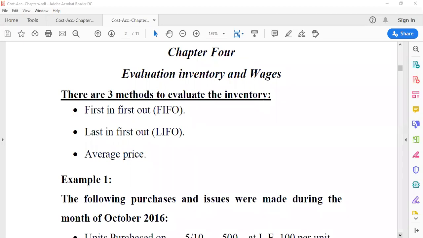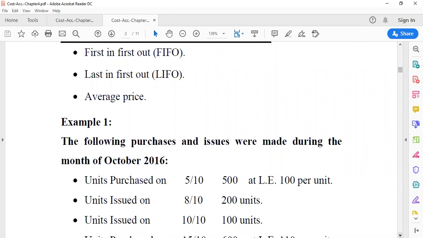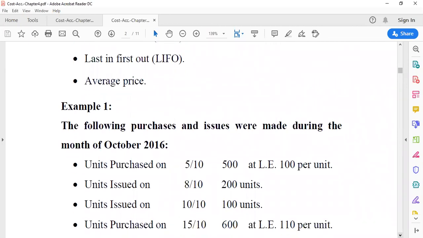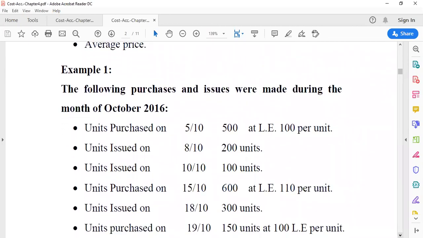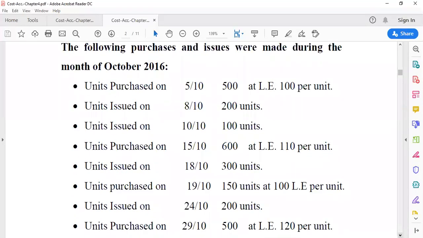To make it much easier, we need to take our first example. Here, he tells me that the following purchases and issues were made during the month of October 2016. He told me that we have units purchased and units issued and units purchased, and so on.